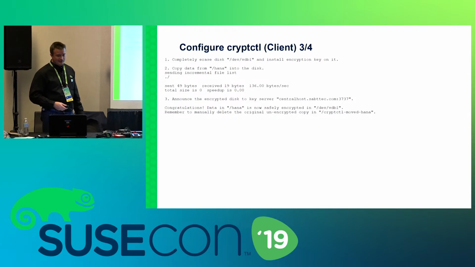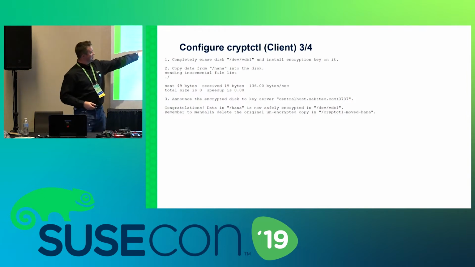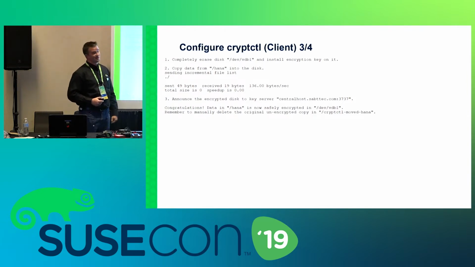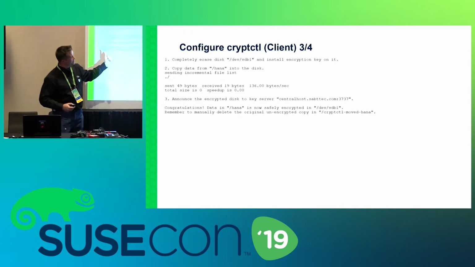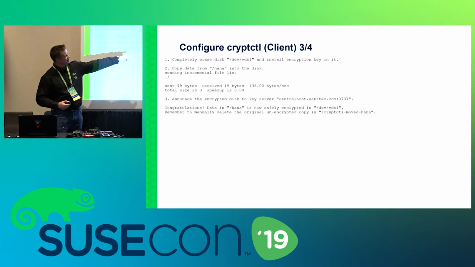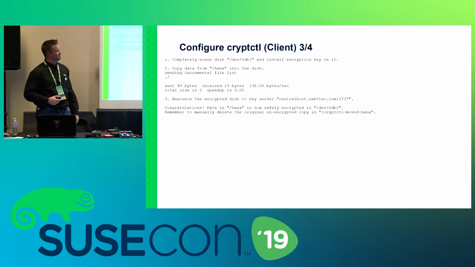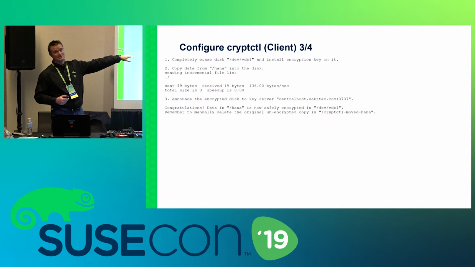Then it basically created the new encrypted drive. /HANA is now safely encrypted on /dev/vdb1. And I've got the previous drive, which was, I think it was vda, I can't remember, we'll see now. But the previous drive, when encrypted with crypt-ctl, the unencrypted data was moved there.